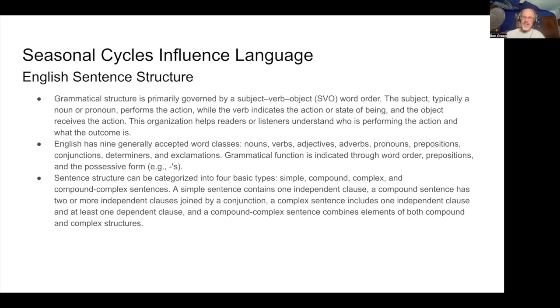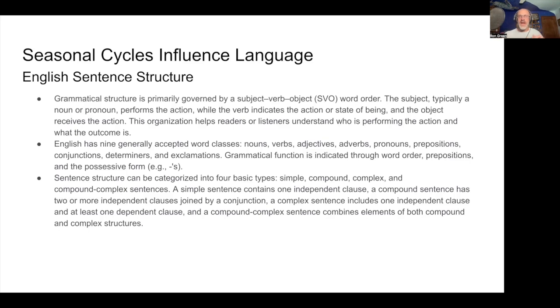It performs the action, while the verb indicates the action or the state of being. And then the object receives the action. This organization helps readers and listeners understand who is performing the action and then what the outcome is. So, again, extremely linear. This, then this.